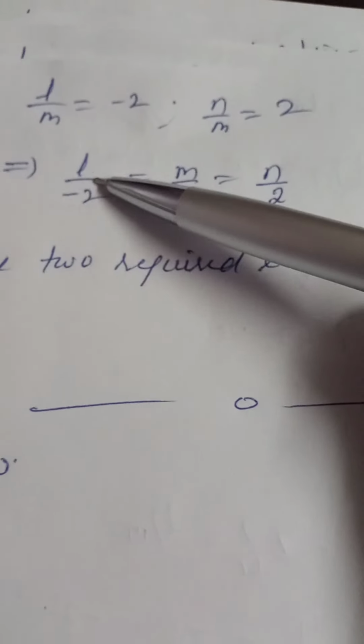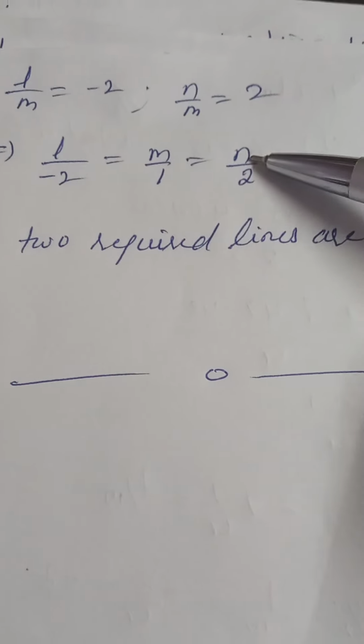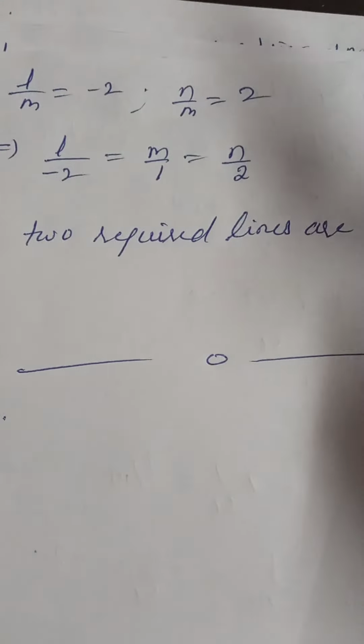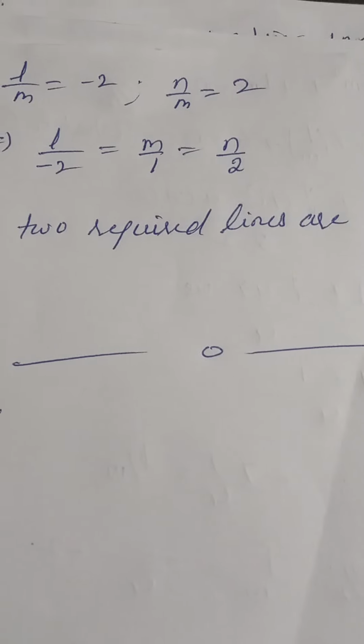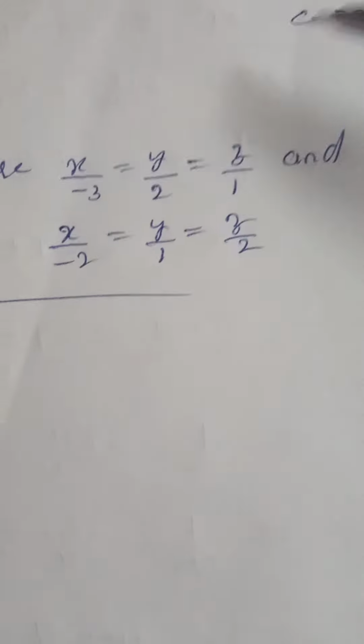Another one is here: x by minus 2 is equal to y by 1 is equal to z by 2. In the two pairs, we are replacing l, m, n by x, y and z. Those are the two required lines.